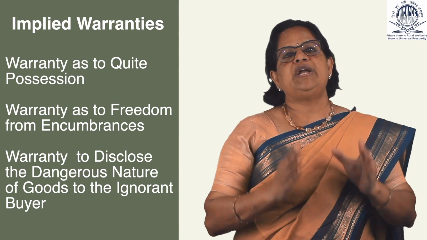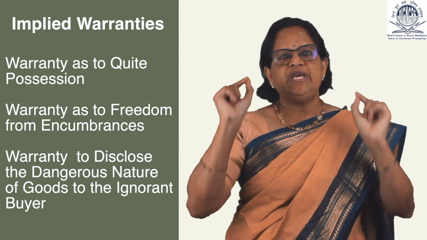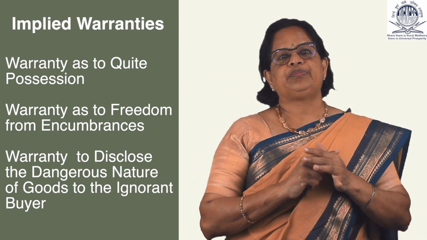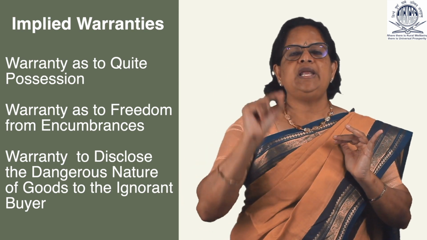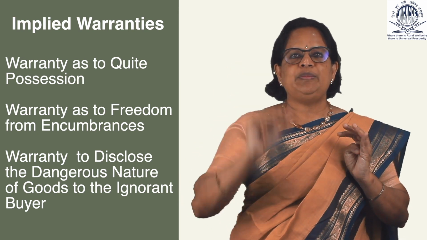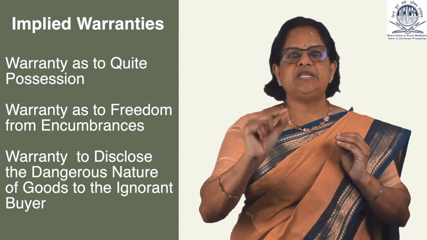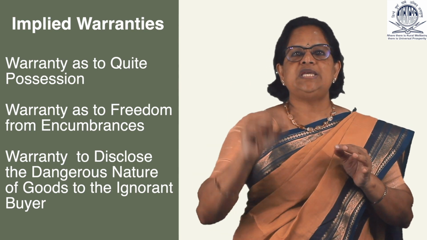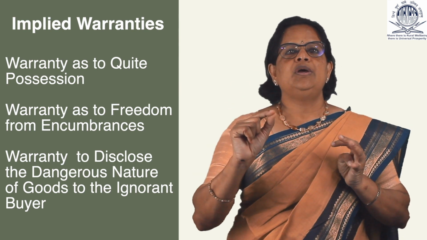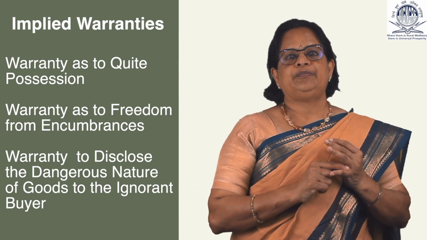The last implied warranty is to disclose the dangerous nature of goods. If the goods are inherently dangerous or likely to be dangerous and the buyer is ignorant of the danger, the seller must inform the buyer of the probable danger.